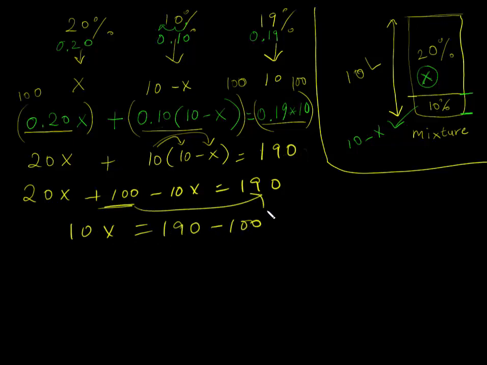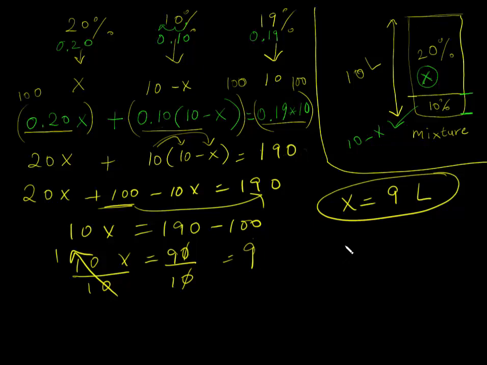So we get 10x equals 190 minus 100 is 90, and then you use the multiplication principle to get rid of the term in front of x, which is just 10, so you get 9. So how many liters of 20% orange juice you're gonna use is 9 liters.